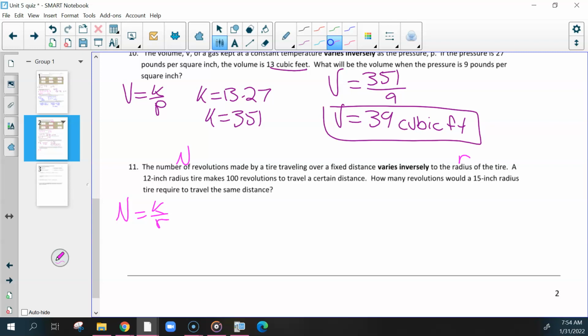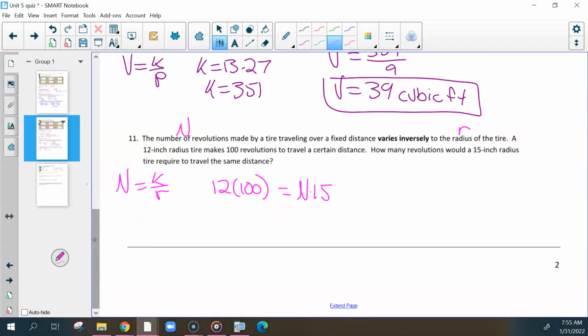So I would have my first two numbers, 12 times 100 equals, I'm looking for revolutions, that's my N, times 15. And I would multiply those together and solve for N.